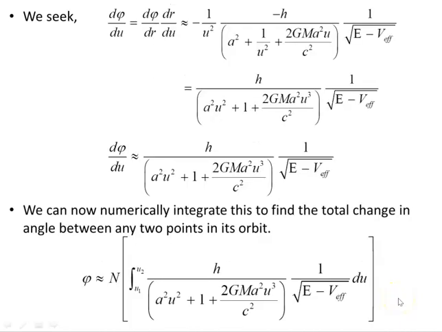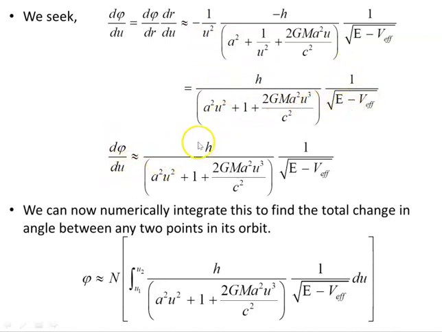Next bit, we see d phi du is d phi dr times dr du, minus 1 on u squared, that's dr du, times now this minus here appeared because remember this was 1 over the square root of e minus v, that was negative, so I've just put the minus up here, it's more visible. So these negative signs cancel. Left with h over this times 1 over that.